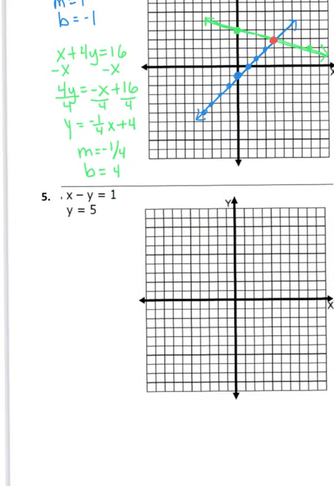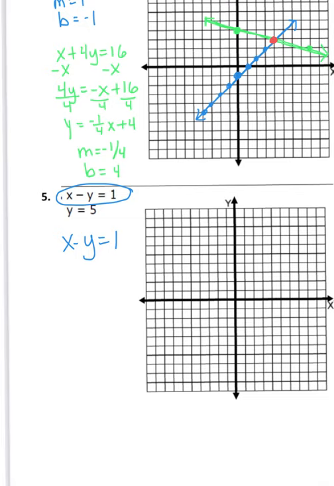Again, we need to make sure we're in y equals mx plus b form. So if I start with this one right here, x minus y equals 1. Okay, I need to get y by itself, so I will subtract x.